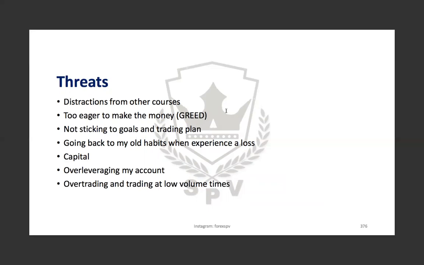You're too eager to make the money, and you're only distracted from other causes if you have not done the homework for this course. Are you not sticking to your goals and trading plan? What's the threat? Like, I can go back to my old habit when I experience a loss, or is the capital money that I cannot afford to lose?